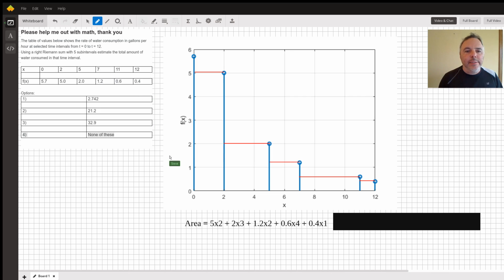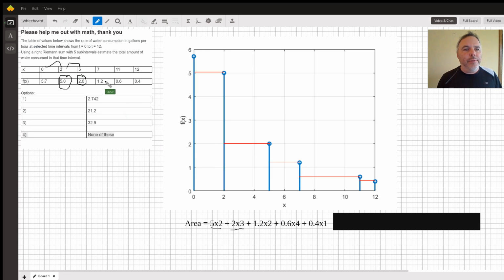Now, when I compare this area to what we did here, I don't technically need to draw this plot, but I think it helps to visualize. So we basically took 5 and the difference from 0 to 2, which is 2. Then I take this number 2 and the difference here to here, which is 3, so 2 times 3.